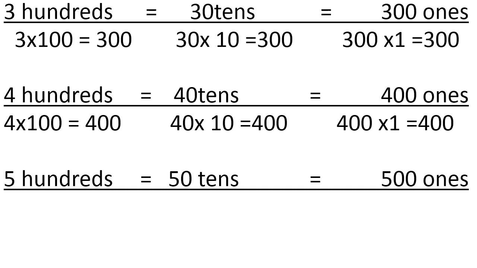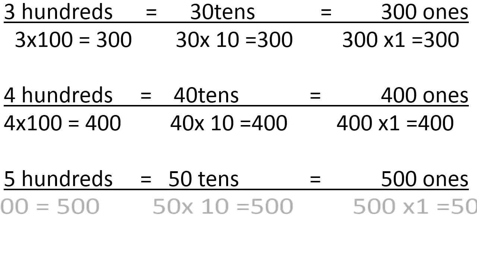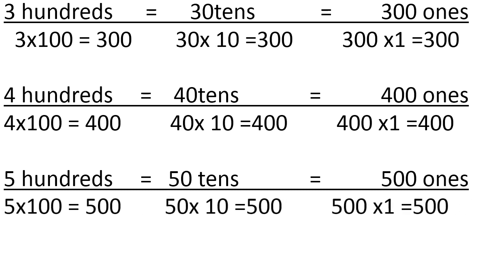5 hundreds is equal to 50 tens, and that is also equal to 500 ones. So here we have multiplied 5 by 100, that is equal to 500. 50 by 10, that is also equal to 500, and 500 multiplied by 1, that is equal to 500.